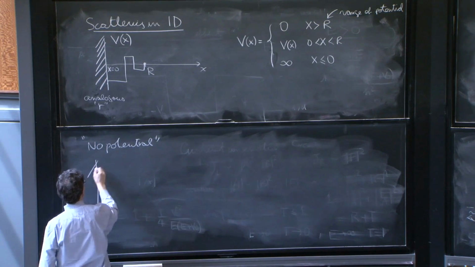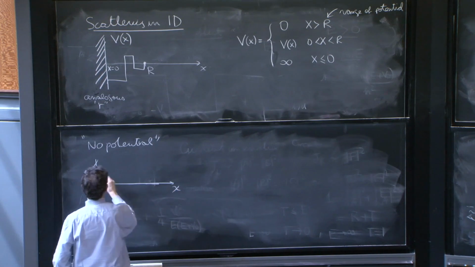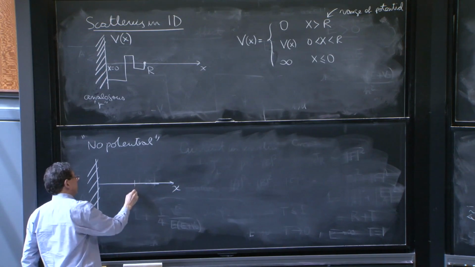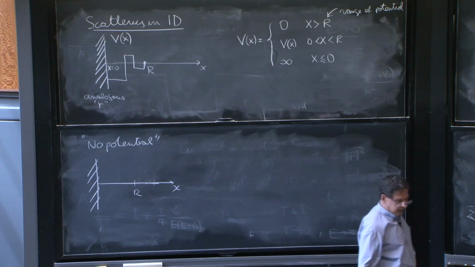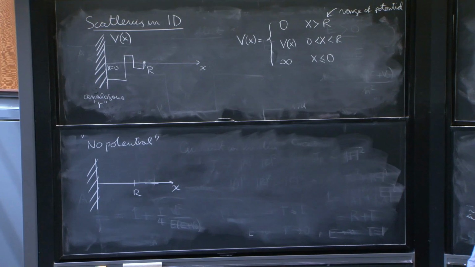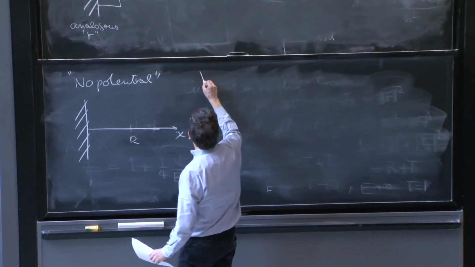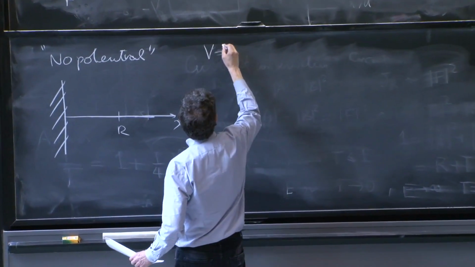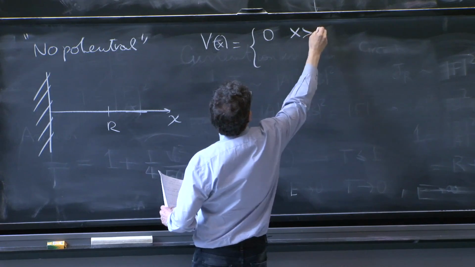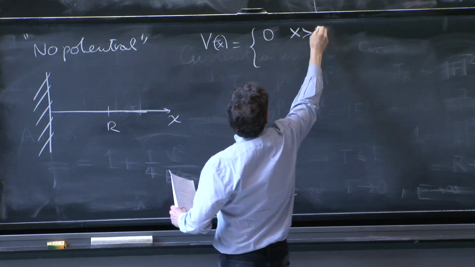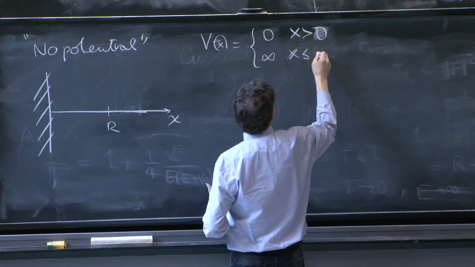You have the barrier here, and x is over there, and up to r, nothing is happening. It's just the wall. That's all there is, just one wall. So no potential is v of x equal to 0 for x greater than 0, and it's infinity for x less or equal than 0.